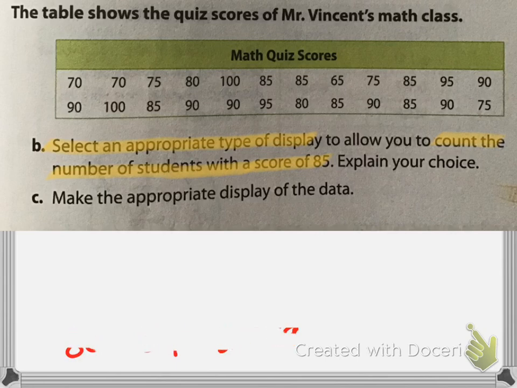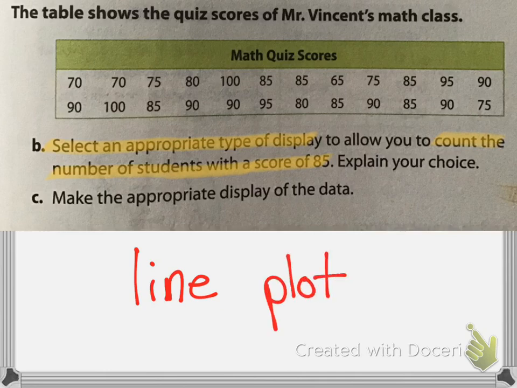But for those thinking histogram, you were right on the mark because we had two different lines of numbers. So we had the scores and the amount of scores. However, the best one here is line plot, because when we do a line plot, we've got our x, x, x, x to count the number.